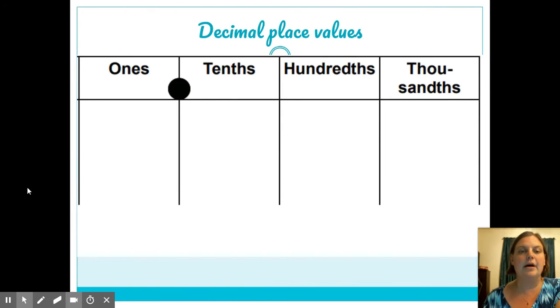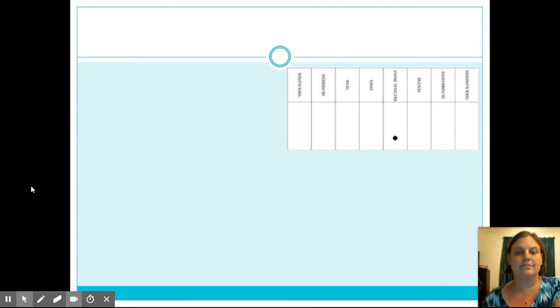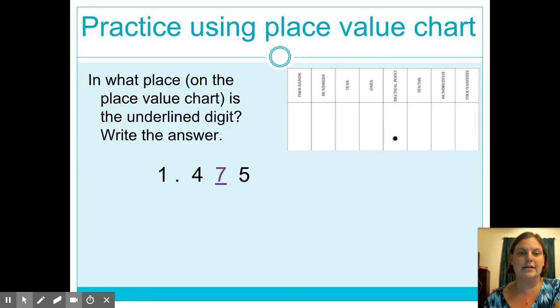We're going to look at how to sort some numbers into what's called a bin, where we keep all of the place value pieces. So the first one that we're going to look at is 1.475.